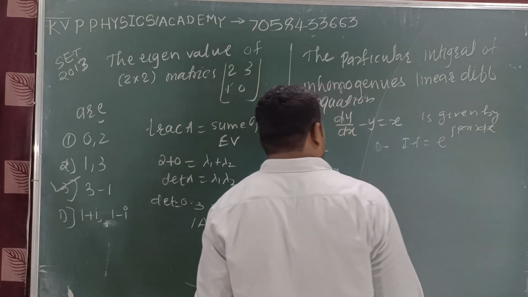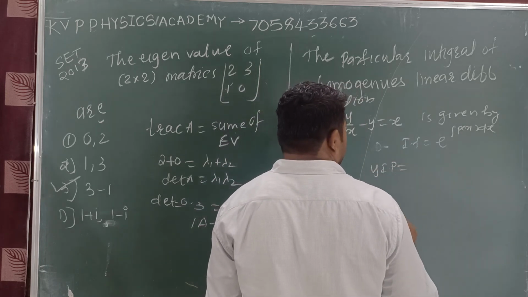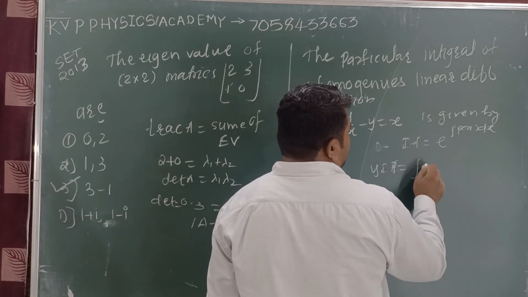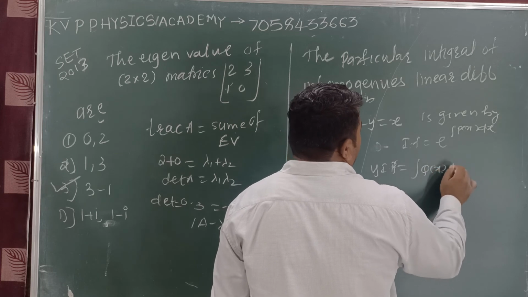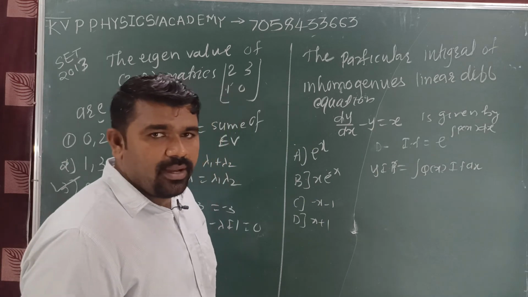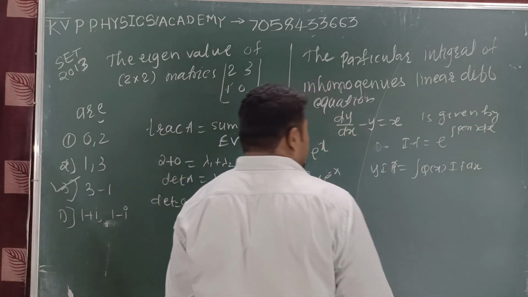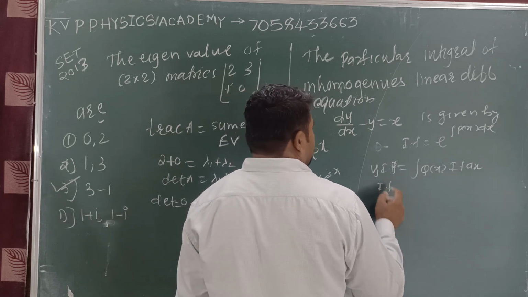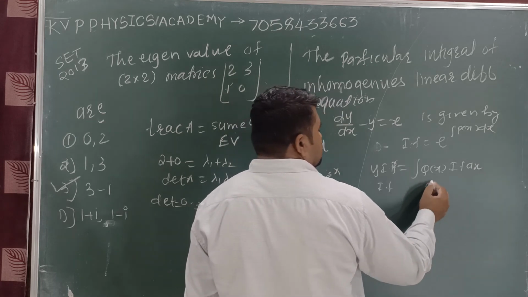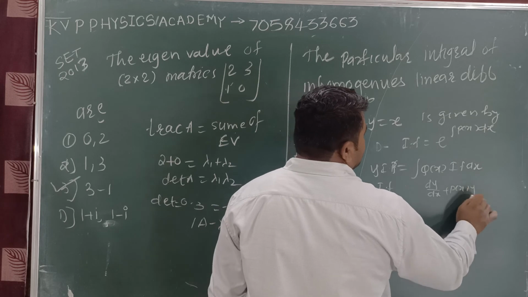Then y into I.F. is equal to the integral of q of x into I.F. dx plus c, yes or no? First find out the I.F. The general equation is dy by dx plus p of x y is equal to q of x.